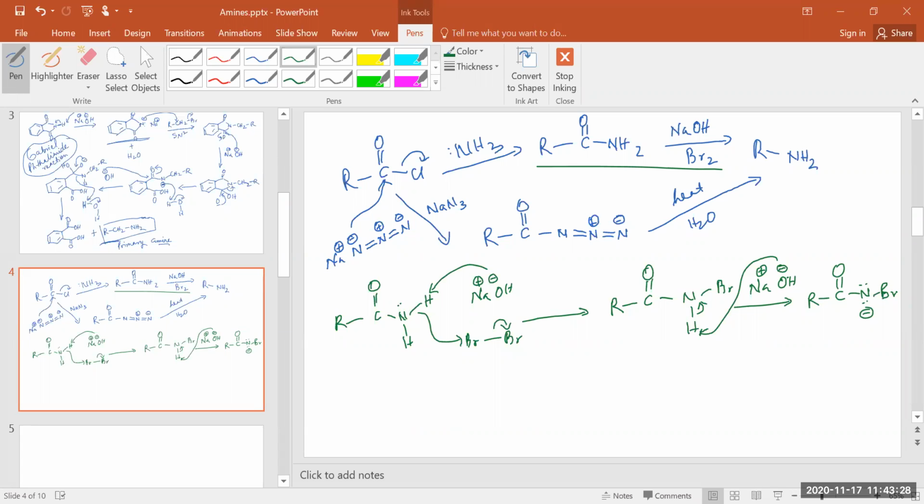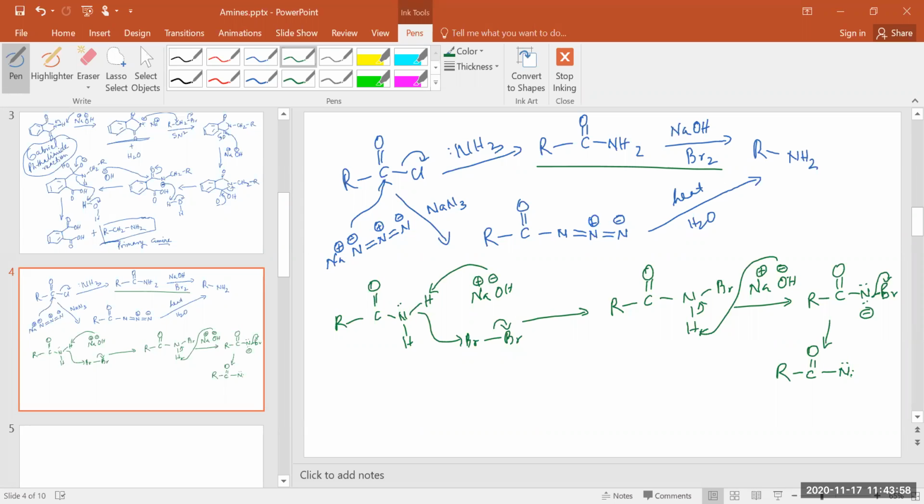Okay. So here you see, try to understand this one. Here a rearrangement reaction happens. So bromine will leave. So what will happen? RCO nitrogen with two lone pairs. How many electrons does nitrogen have? 6 electrons, 2 lone pairs and 2 in the bond.